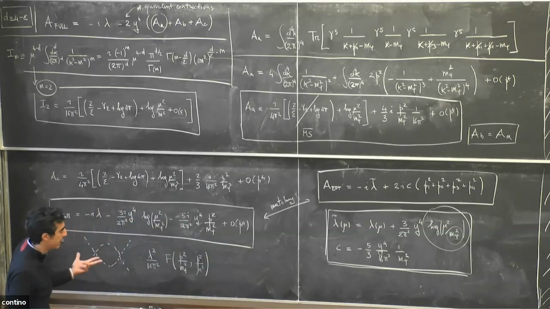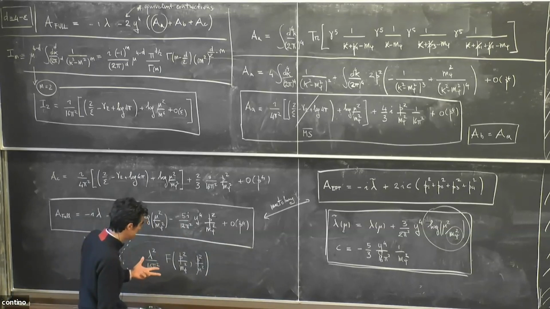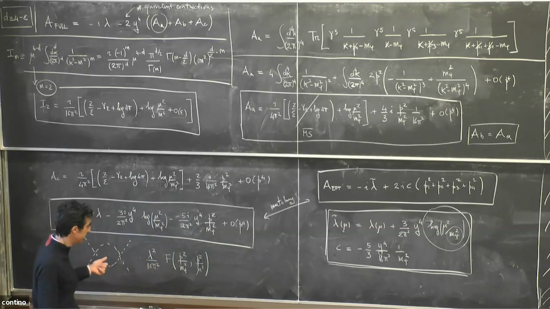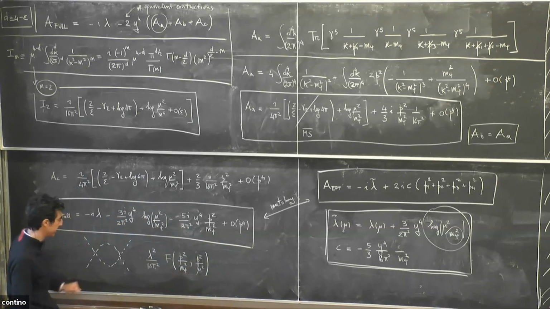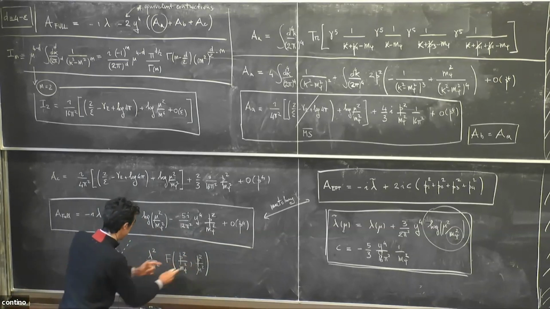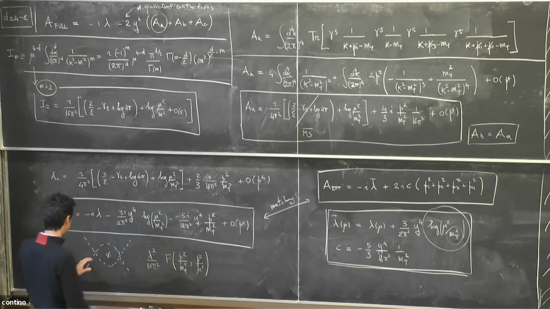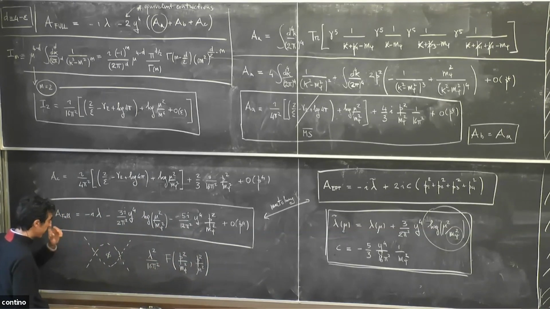There are three dimensionful parameters which appear here: the momentum, the renormalization scale, and the mass of the scalar. It's a loop of scalars, so there are no other parameters. And in this particular case, the overall dimensionality of the Green function is 0, because it's a 4-point Green function in 4 dimensions.